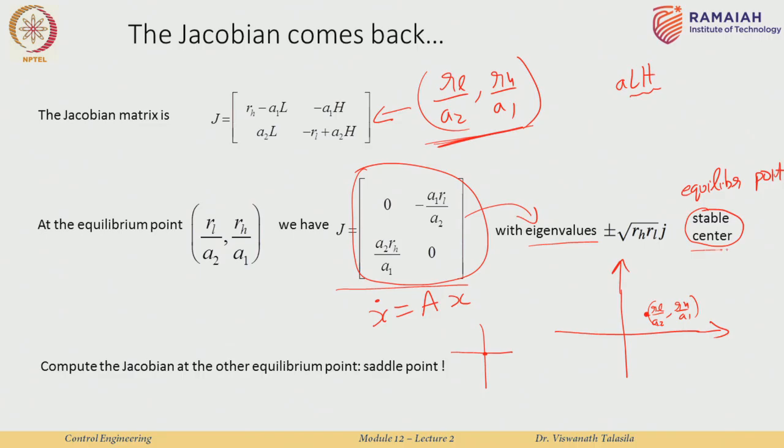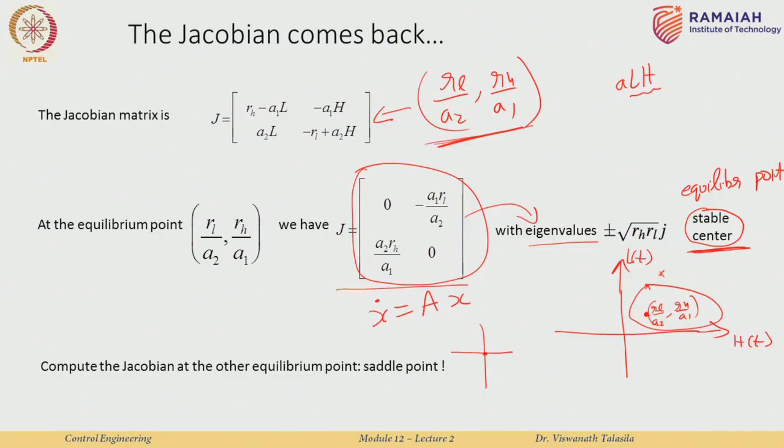Now, because it is what is called a stable center, it has the following really interesting behavior. If you start at any other initial condition, the final behavior of the dynamics when you plot H of t versus L of t will always be a closed orbit or a closed response, if you want to call it, around the equilibrium point.